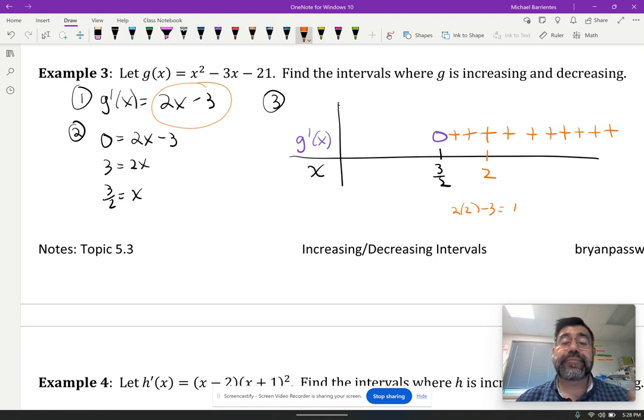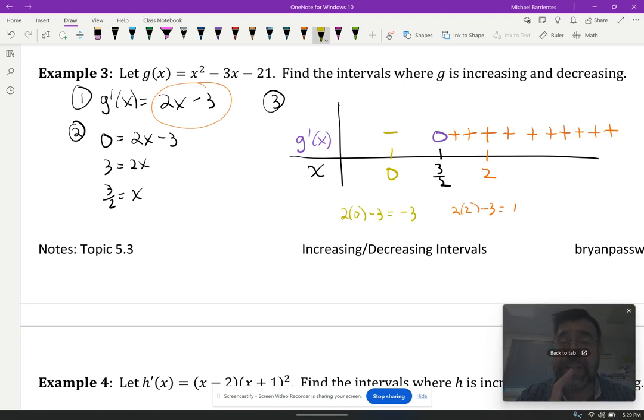Now, I'm going to pick a point on the other side of 3 halves. Another point like 0. And I'm going to substitute that point into the derivative. I could have chosen any point to the left of 3 halves. I could have chosen 1. I could have chosen negative 10. But I chose 0. You can pick another number and try it. You're going to get a negative answer. I'm going to put a little negative here. But you could have chosen any number.